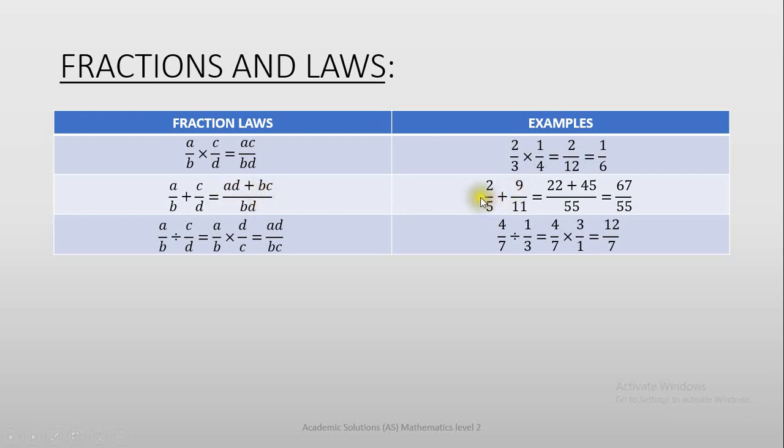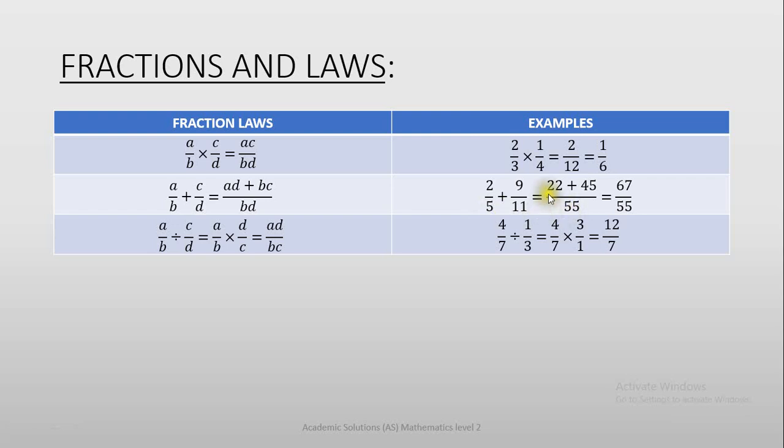So if we check our example, it says 2 divided by 5 plus 9 divided by 11. So we need to find the common denominator, which is 55. We took 5 and 11, which is 55, and then we say 5, it goes in how many times into 55?